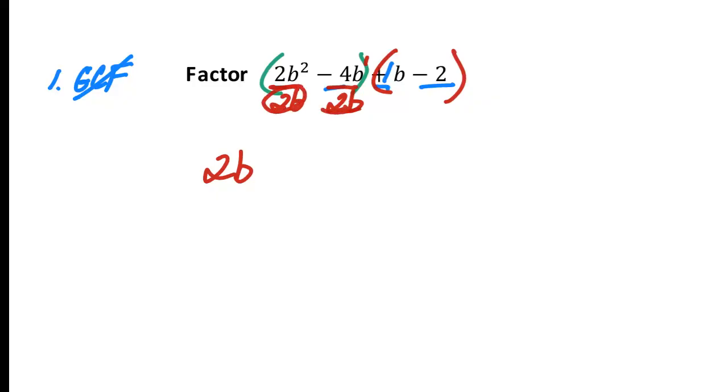This is my greatest common factor, I pull that out front. And dividing, I get 2 divided by 2, which is 1. B squared divided by b gives me a b to the first, or b, minus 4 divided by 2 is 2, and b divided by b simplifies to 1.